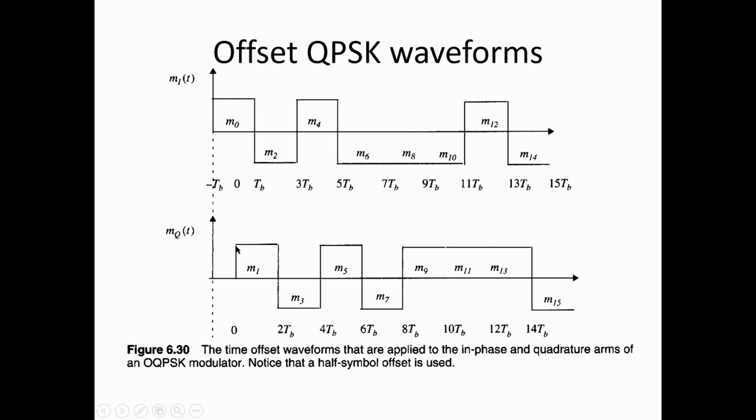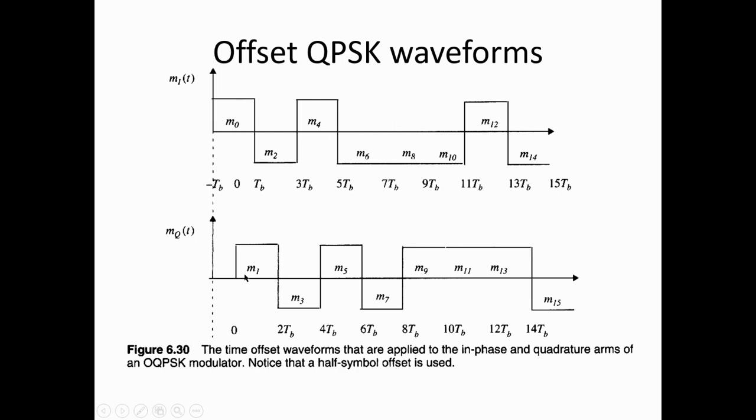That delay will reduce the phase shift from 180 degrees to 90 degrees between these two signals. If we look at the signals M0 and M1, because of the delay, these two signals will have a 90-degree phase shift.